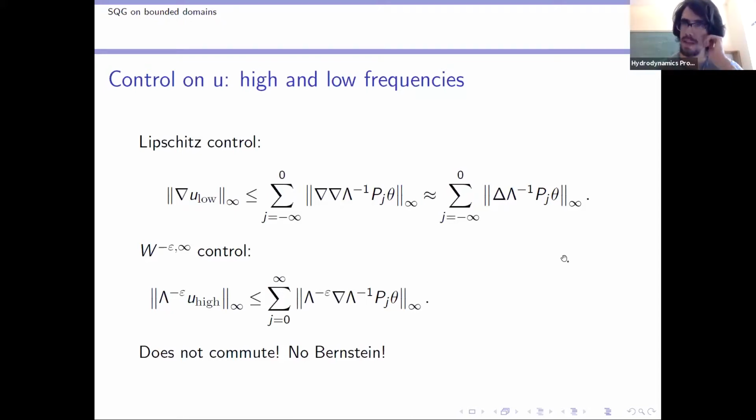Sorry to interrupt, but the Hessian and the Laplacian being comparable on L infinity sounds very close to saying the Riesz transform is bounded on L infinity. If this is too technical and getting into the weeds, feel free to skip it, but that's surprising to me. Or isn't that just elliptic regularity theory somehow? Yeah, you solve Laplace u equals f, and then you get control over the entire W2.